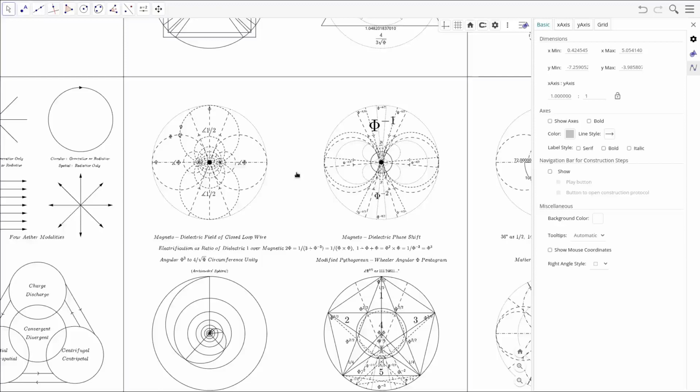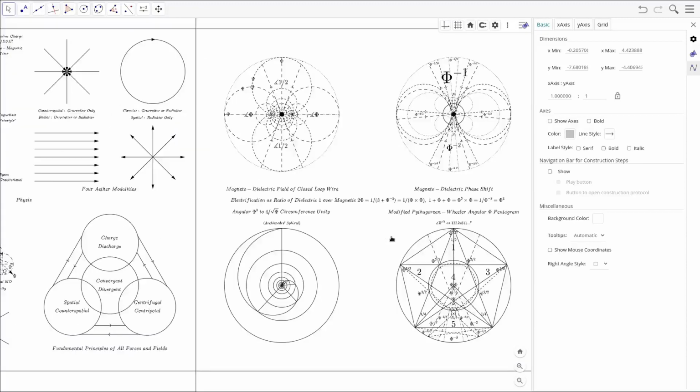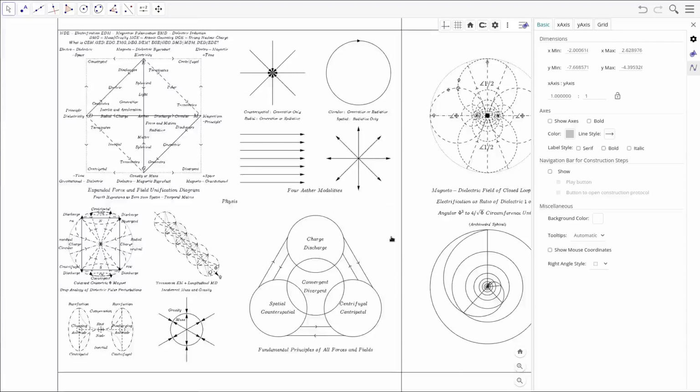So that's the big deal of this. And I'm just moving this around. I added this part.